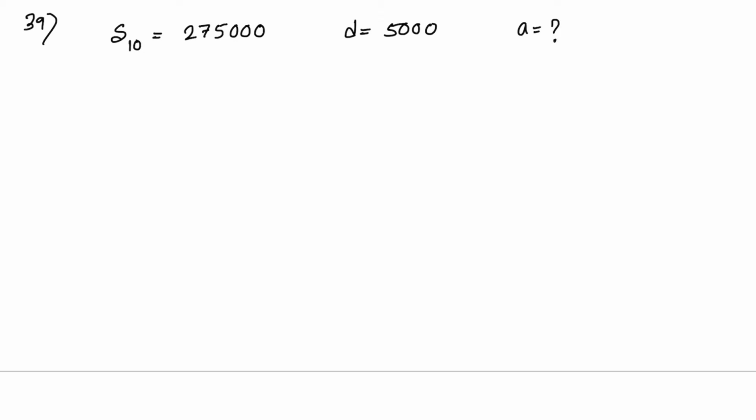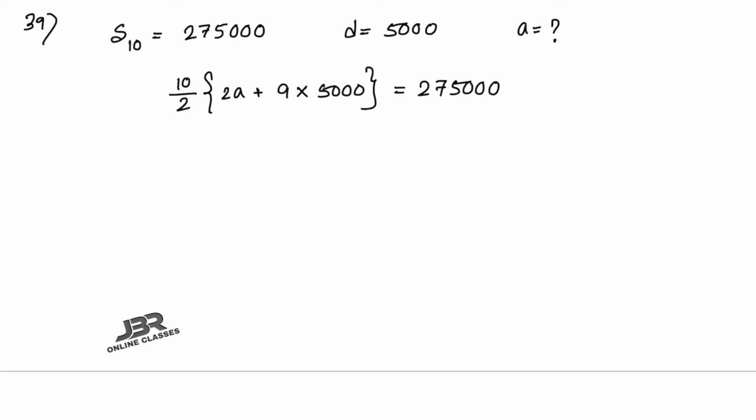For S10, you know the formula: 10 by 2, then 2A plus n minus 1, that is 9, because 10 minus 1, and then 5,000. That equals 275,000. So 5 times that.